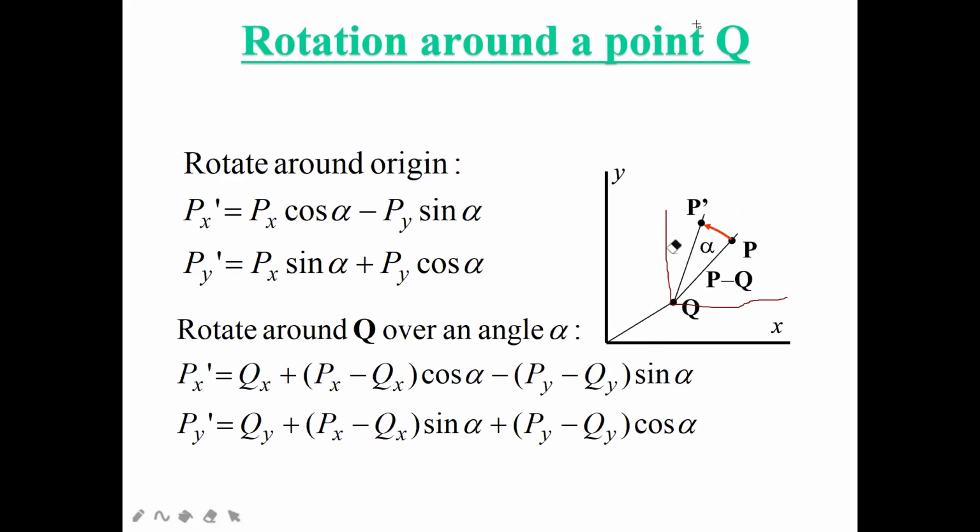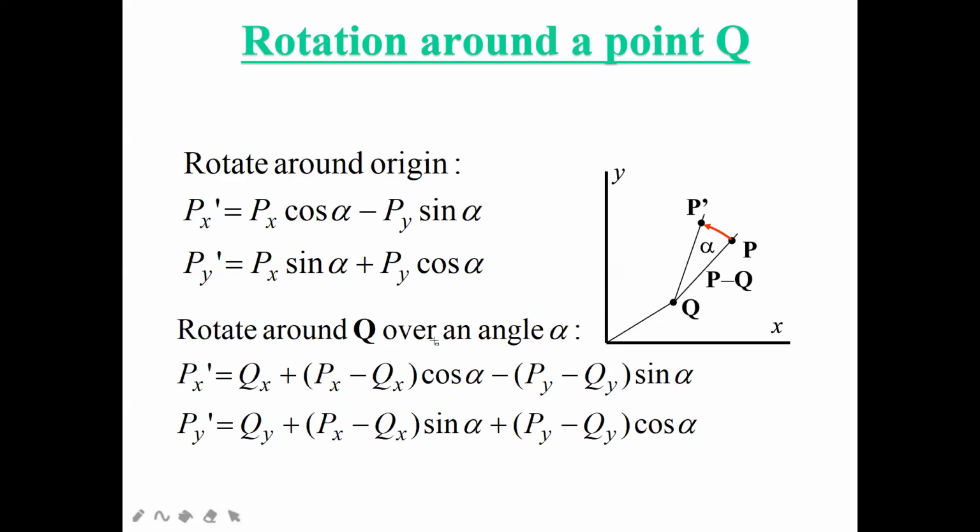Now the question is, what if I make it a fixed point? Now this q is a fixed point and my x and y coordinates look like this. If I want to rotate around my fixed point q, what will be the equation? Similarly I have to find the new point p dash, which I have noted here as p dash x and p dash y. How am I going to find it?